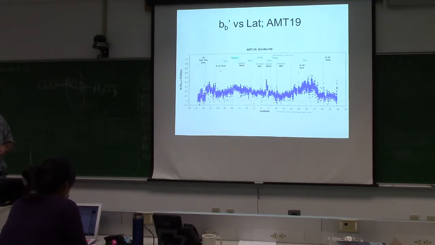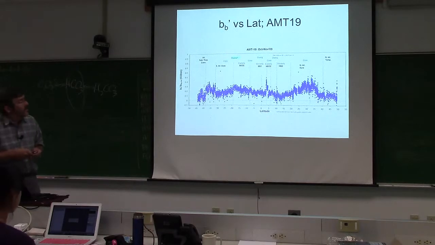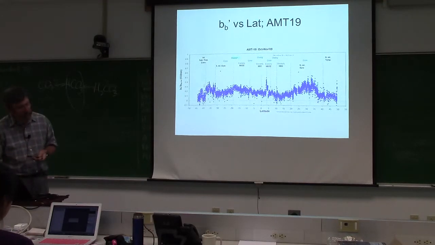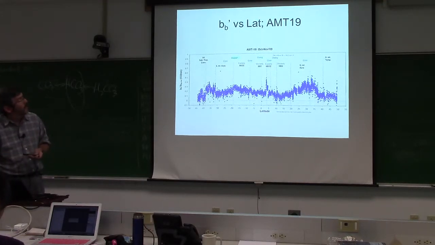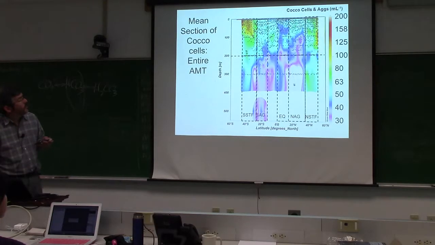And there is a little peak here at the equatorial upwelling. And then there are these very low values here, almost back to zero, in this region at the north equatorial current, for example. So that's what I just said.